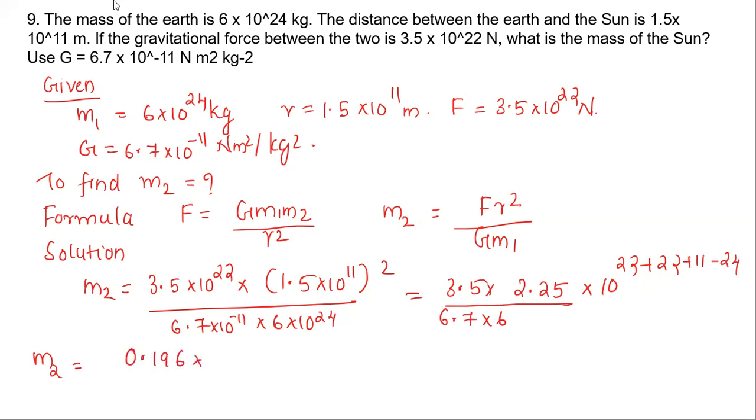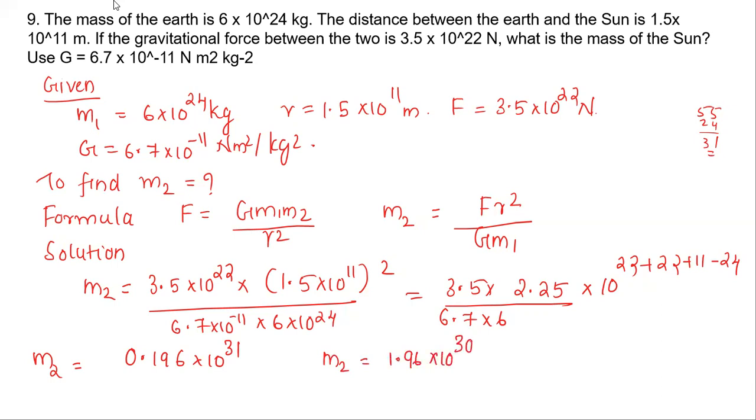0.196 into 10 raised to 22 plus 22, 44. 44 plus 11, 55. 55 minus 24. 55 minus 24 is 31. So into 10 raised to 31 will come. This we can approximate and write as 1.96 into 10 raised to 30.